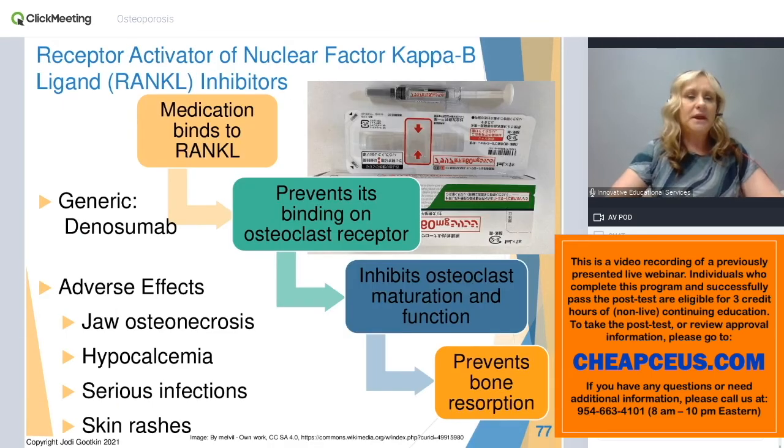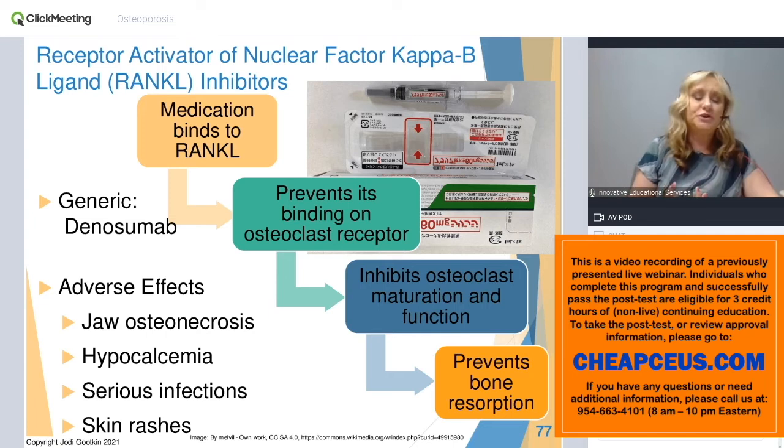The next type of medications are our receptor activator of nuclear factor kappa B ligand. Woof. Those are our RANKL inhibitors. This is going to be an injection that the individual receives about every 6 months. It's a monoclonal antibody that is considered a bone density conservation agent.